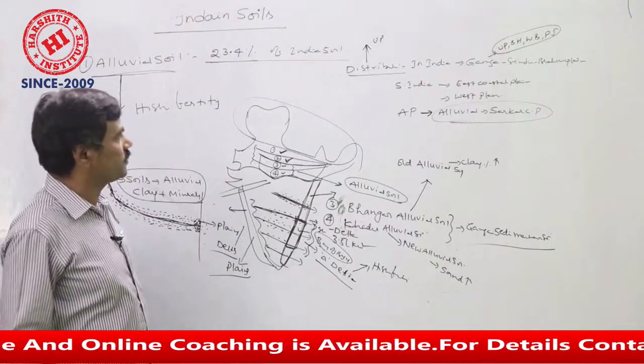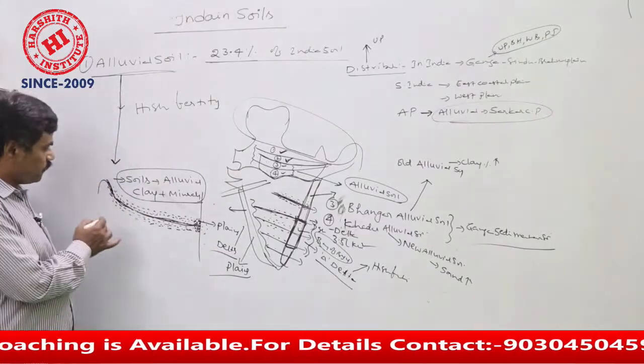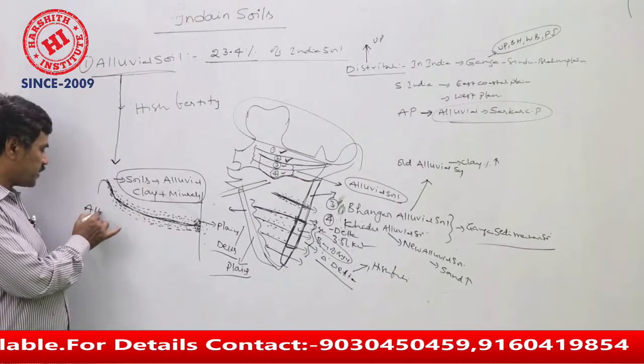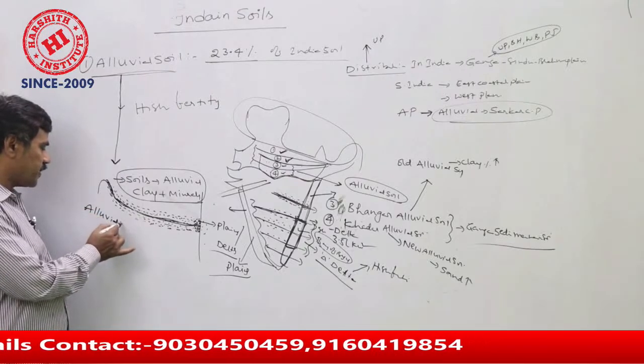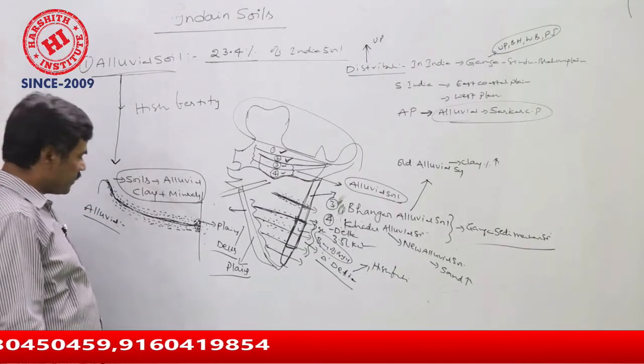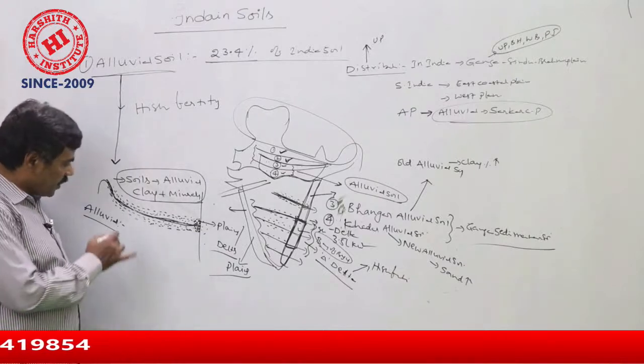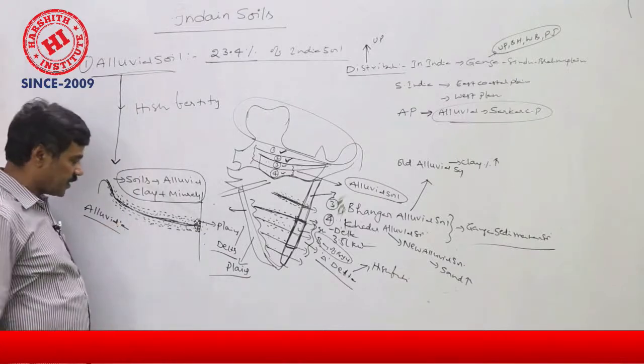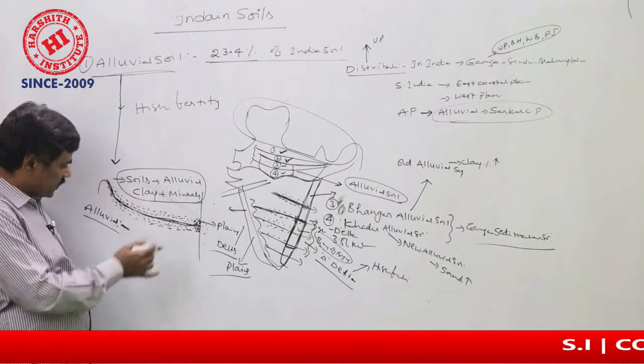Now see, alluvial soil has some minerals in the highest percentage. Soil fertility is decided on the basis of these minerals.